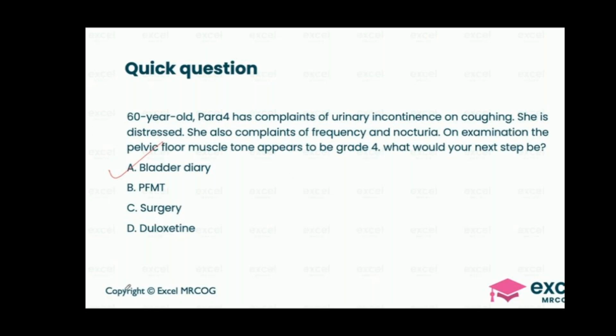Okay, so PFMT for treatment. And one of the initial steps, if there was urine dipstick as an option, I would have chosen that. But that's not an option, so I would choose bladder diary if the next step is asked.